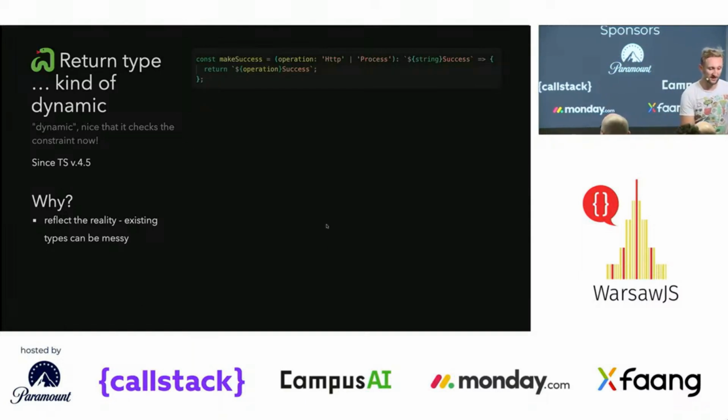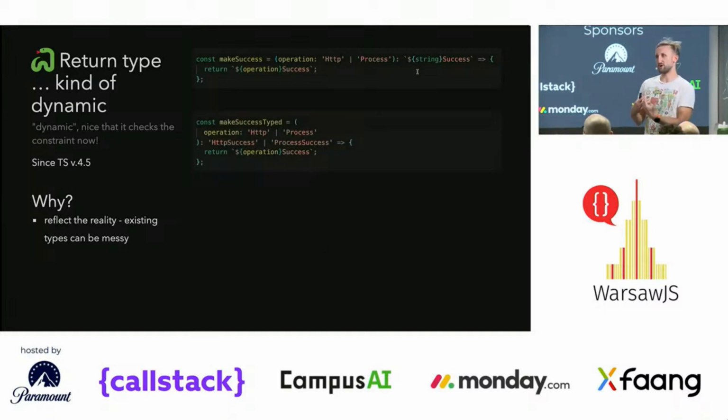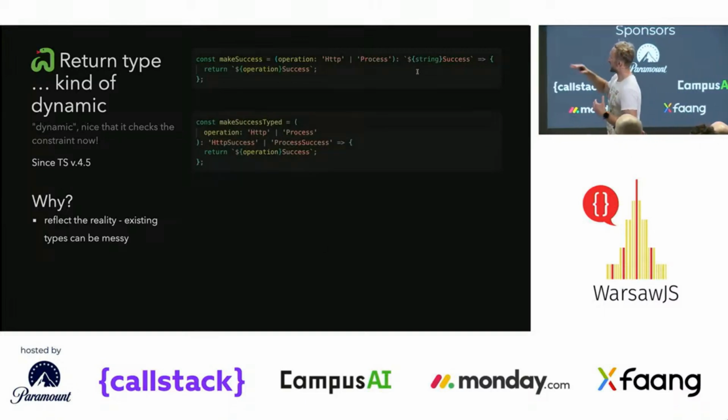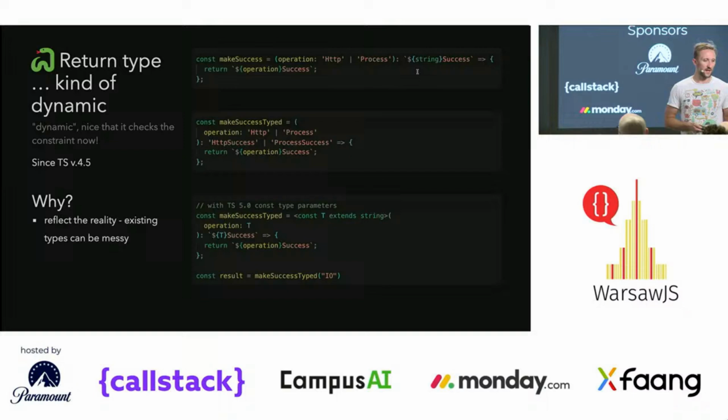So it will result in anything with a success in the end. But let's make it more robust and fix it to the HTTP success or process success. It's still pretty limited, and you have to put a lot of manual effort to expand it.